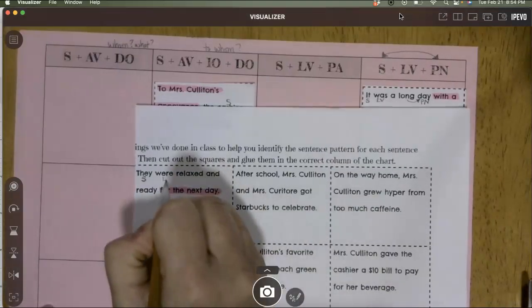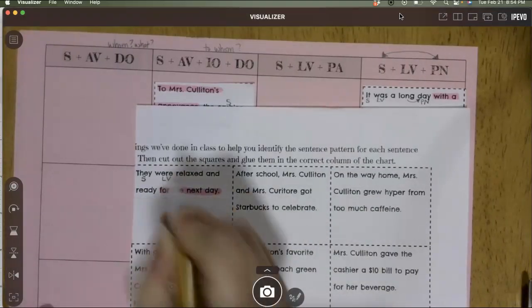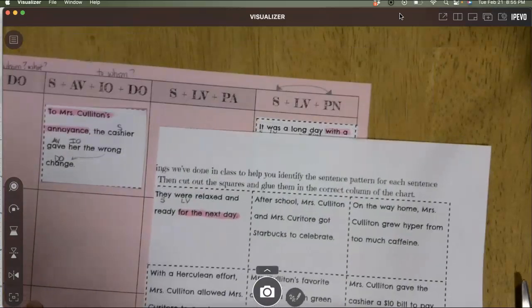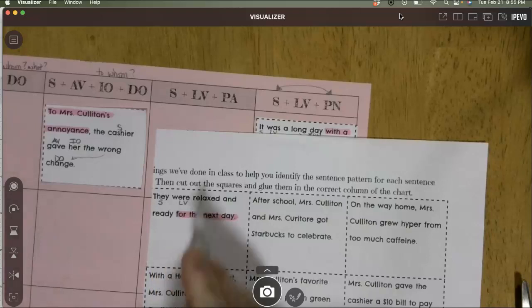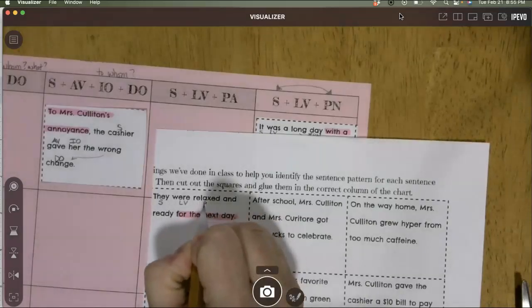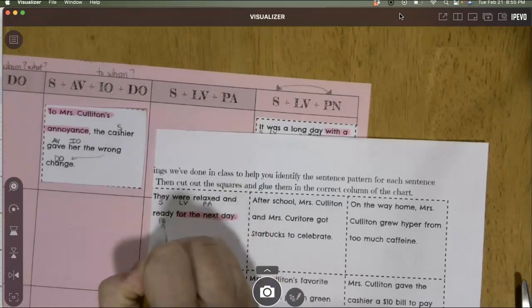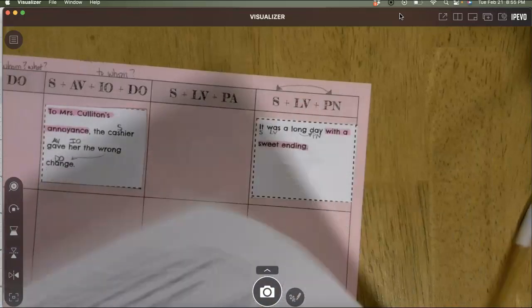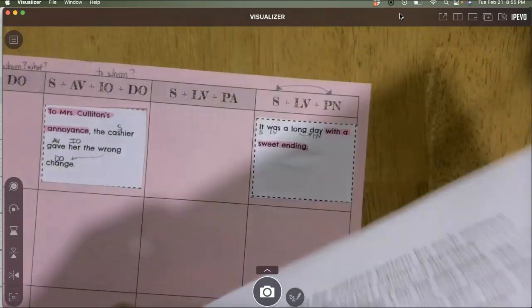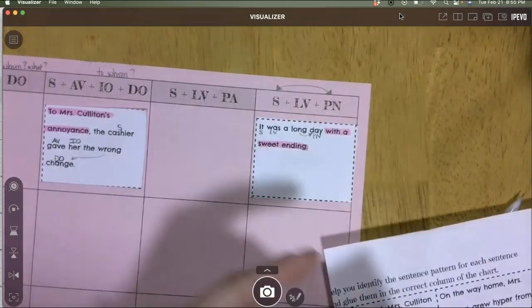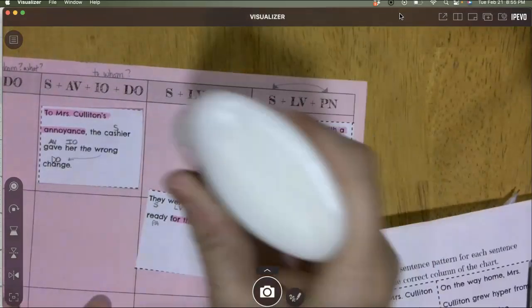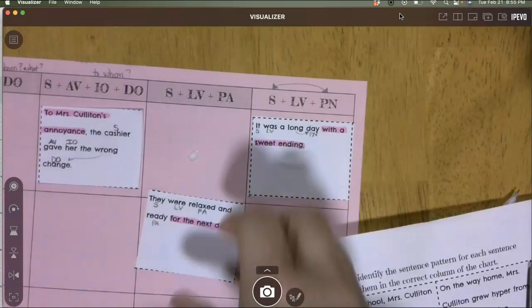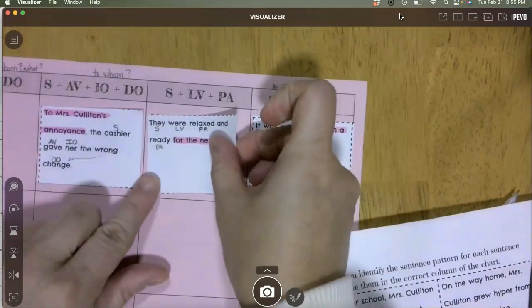So were is the linking verb. So I know I'm either working with a predicate adjective or a predicate noun here. Well, it's describing how they were. They were relaxed. That describes them. That's not a noun. And they were ready. So this one has two predicate adjectives. So I'm going to put my little dot of glue here. That's all I need. And there we go.